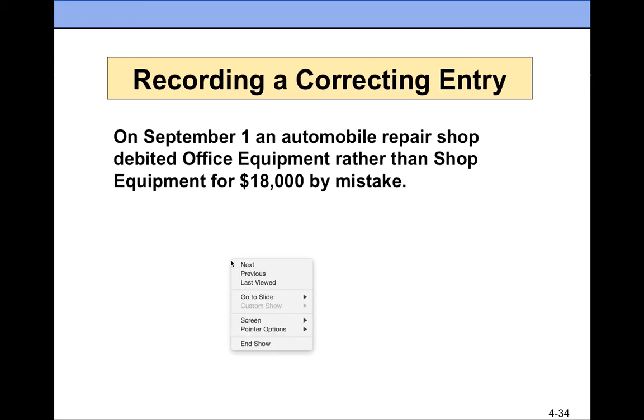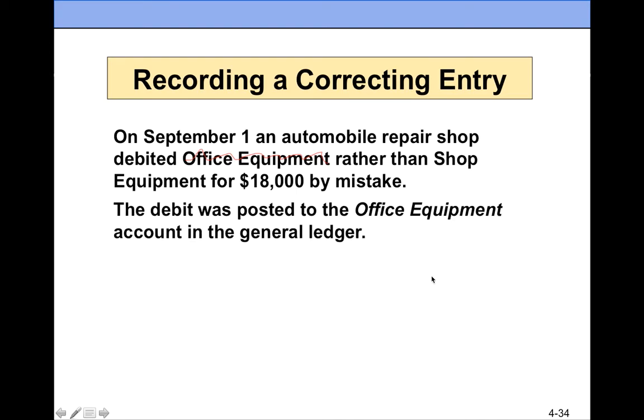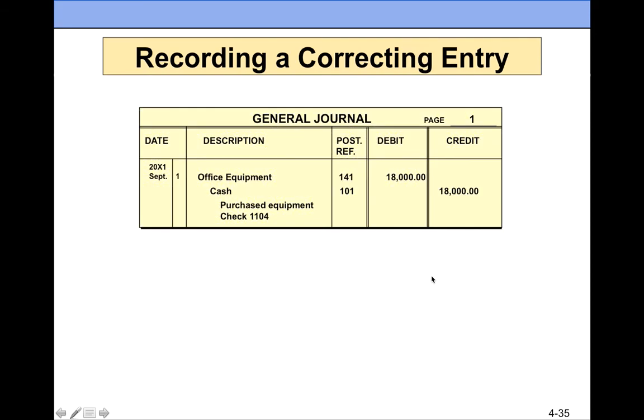What you need to do, you need to bring the error to zero. So I need to eliminate office equipment. How do I do it? If I debited the wrong account, now I need to credit that account by the same amount, which will bring the error to zero and update the necessary accounts and amounts. So I will debit shop equipment by 18,000. This is what your correction entry should be like.